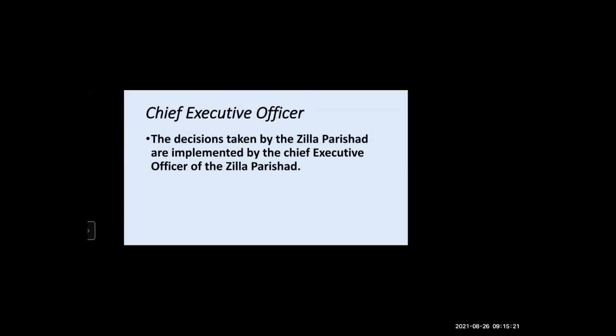Chief Executive Officer. The decisions taken by the Zilla Parishad are implemented by the Chief Executive Officer of the Zilla Parishad. Whatever decisions the Zilla Parishad is taking are made into progress by the Chief Executive Officer. He is appointed by the state government.